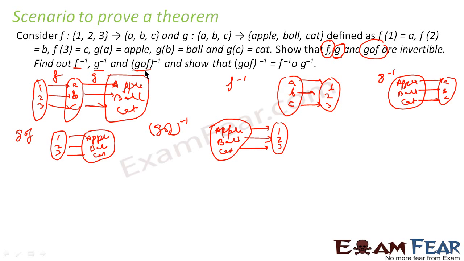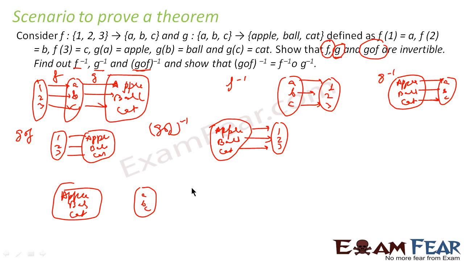Now I have to prove that (g o f) inverse is equal to f inverse o g inverse. So (g o f) inverse is this. F inverse o g inverse, if I want to find, I have to merge these two. Correct? So what I have to do? I have to first take g inverse, that is this, apple, ball, cat, and this, a, b, c.